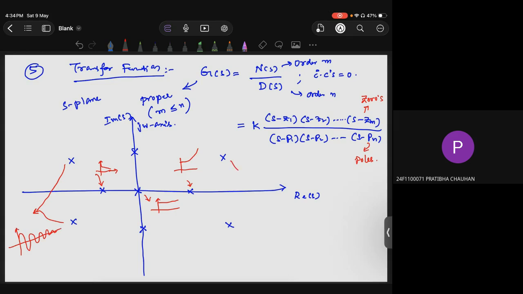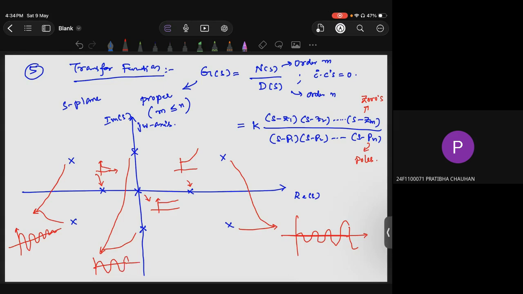Similarly, these two are just the opposite. They are exponentially increasing functions. And these two would be on the j omega axis, so their behavior is exactly oscillating in nature.